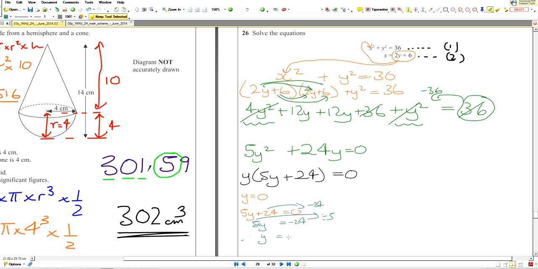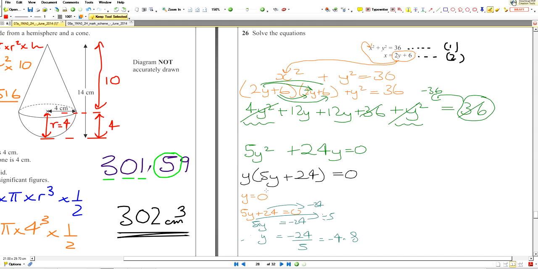So y is equal to minus 24 divided by 5. Now minus 24 divided by 5 will give you minus 4.8, if you use the calculator. So what we have here, we already have two solutions now. We have two y values.